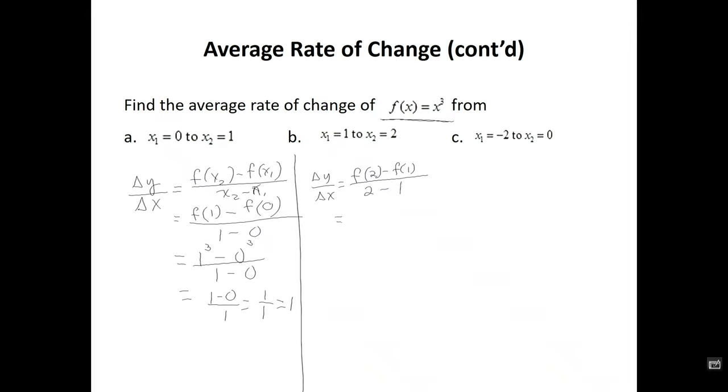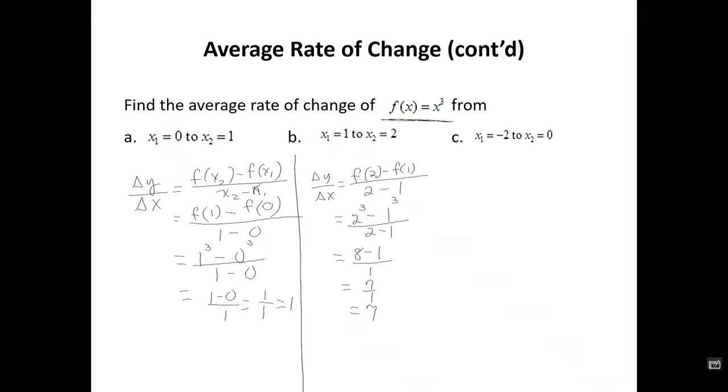F of 2, our function is f of x is equal to x cubed, so that's 2 cubed minus f of 1. F of 1 is 1 cubed, all divided by 2 minus 1. 2 cubed is 8. 8 minus 1 is 7. 7 divided by 1 is 7. So the average rate of change of the function is 7.